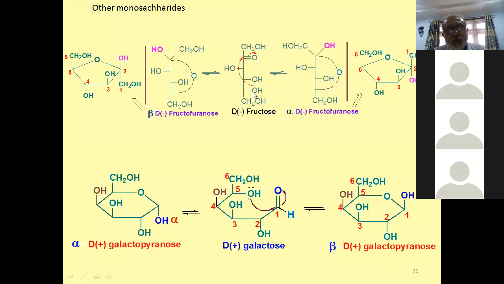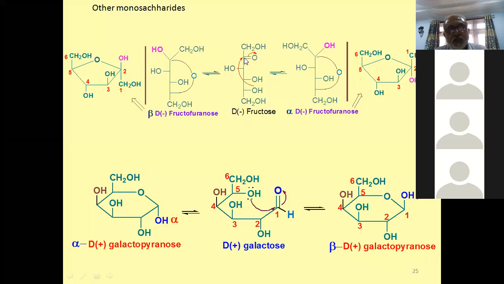Like glucose, this also becomes a ring structure. So what will happen? This lone pair will interact with the carbonyl group and go to this position, and then a new chiral carbon center is created here at C2 in this case.